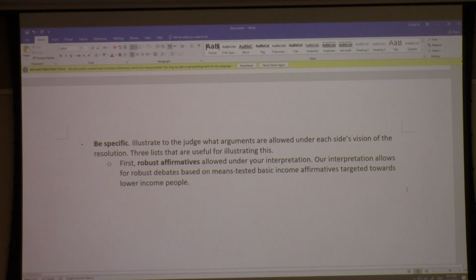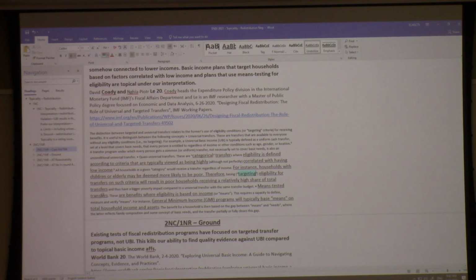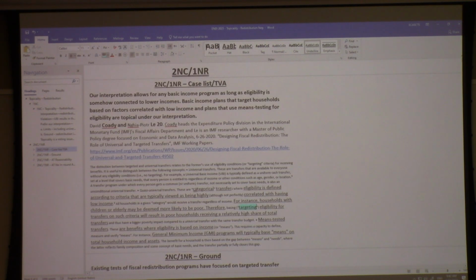So any sort of basic income that gives money to lower income people would be included under this interpretation of the resolution. And you would want to create a list. So let's talk about benefits. So targeting eligibility for households receiving a relatively high share of transfers, mean transferred benefits where it's based on income, and then general minimum income based on total household incomes or assets.